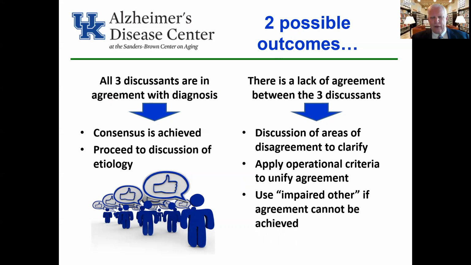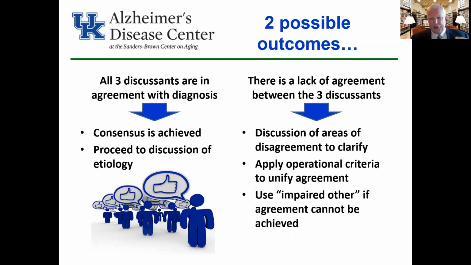In these instances, we open a discussion. We apply our operational criteria to see if we can unify agreement. And if we can't reach agreement, this is an instance where we would use the impaired other category.